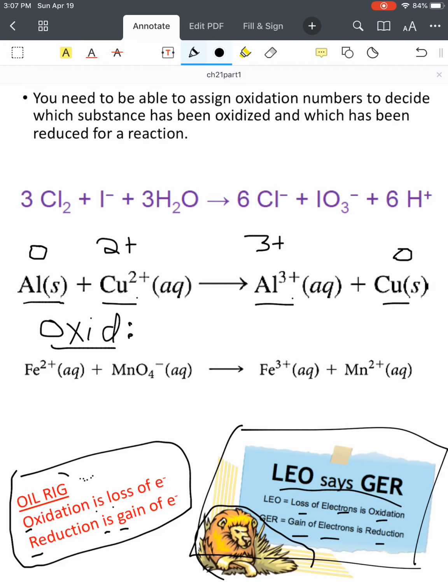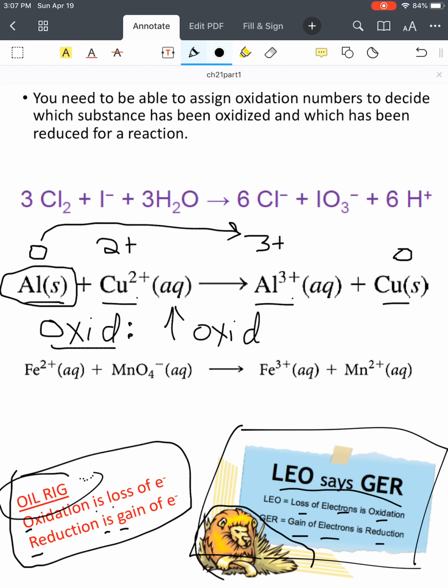Okay, so let's consider aluminum in this first reaction then. Aluminum's oxidation number has gone from 0 to +3 as a result of this reaction, hasn't it? Its oxidation number increased. So did aluminum gain or lose electrons?